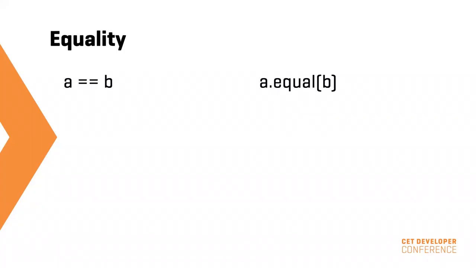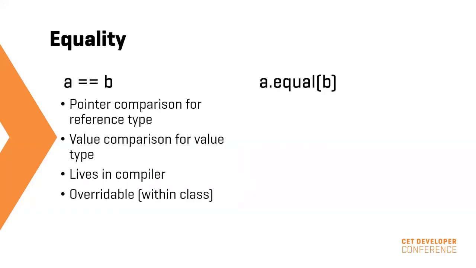The double equals operator is a pointer comparison if you're checking reference types, meaning: is this actually the same reference? For value types, it's a value comparison. It works a little differently for precision types, but I'll show you that in a few slides.